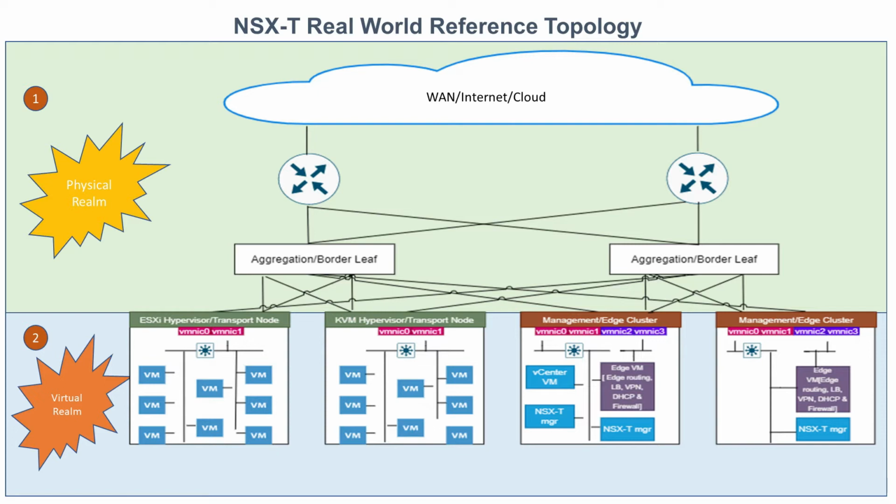This multi-layer switching icon is there in each of those hypervisor hosts, which is used for doing all those switching and routing functions for the virtual infrastructure, which is effectively the virtual machines.